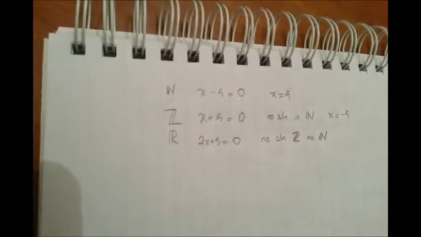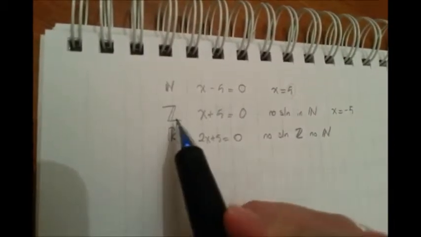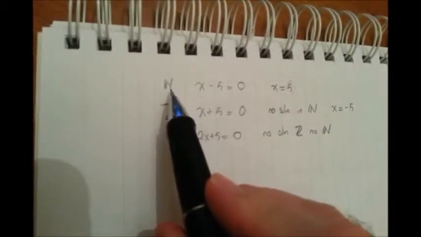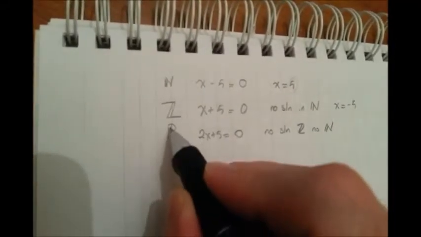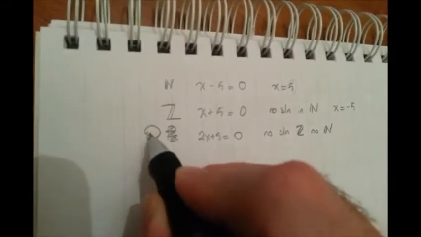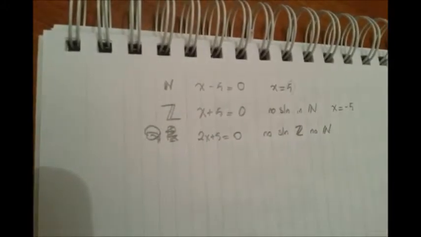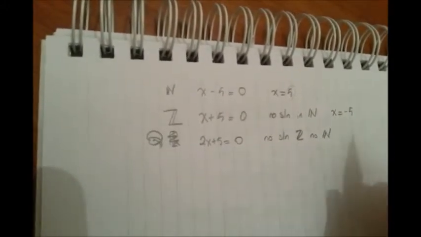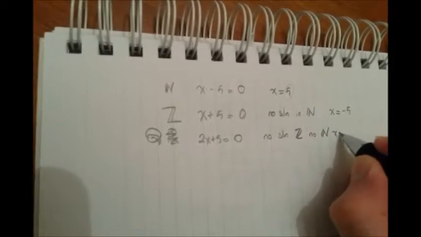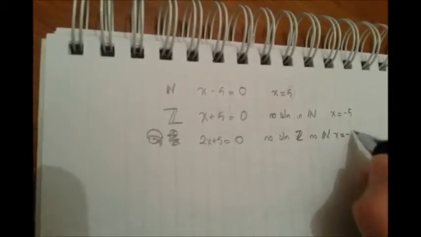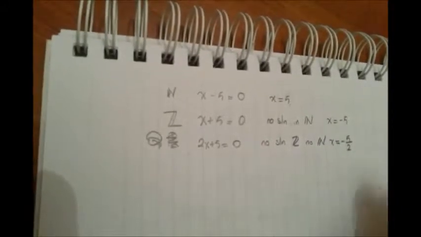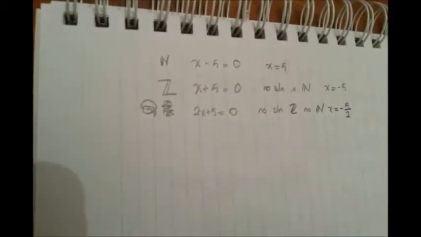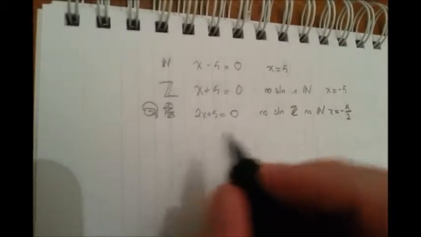This is rational numbers, this is integers, this is natural numbers. So it has a solution like minus 5/2. That's our solution.